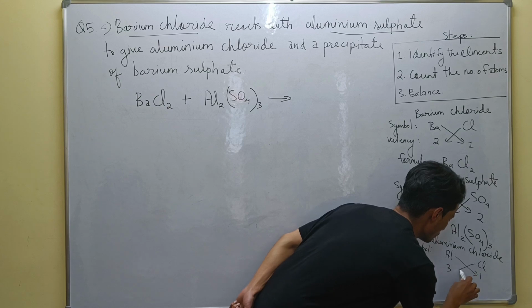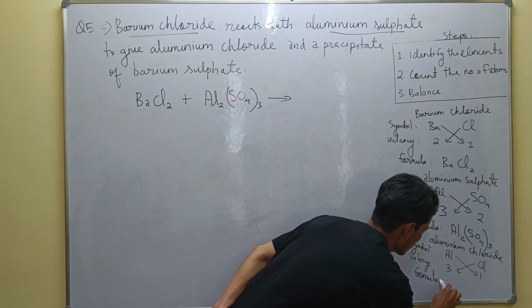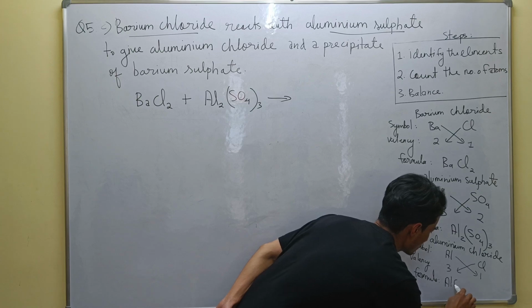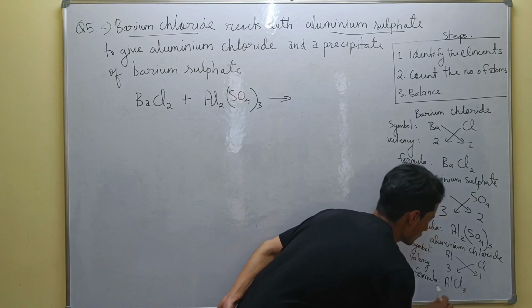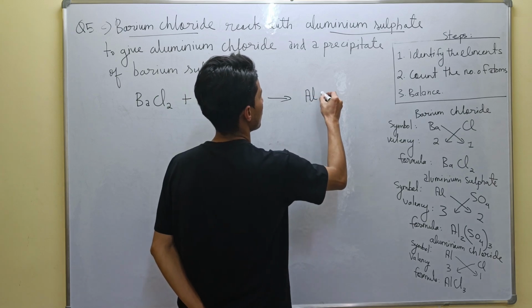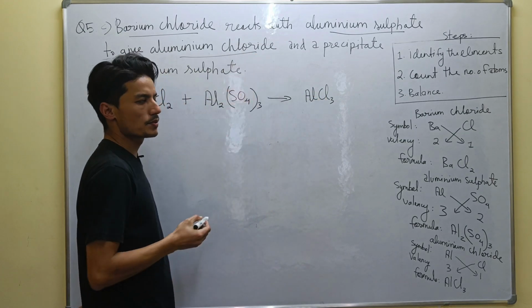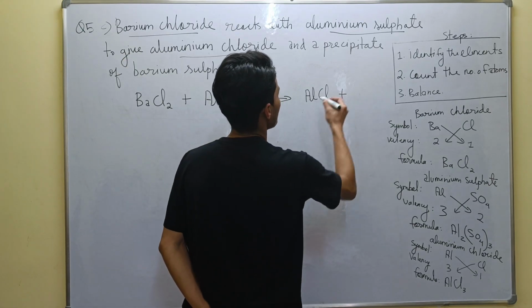So cross multiplication and you get the formula. The formula is AlCl3. Okay, so the aluminum chloride formula has been derived.